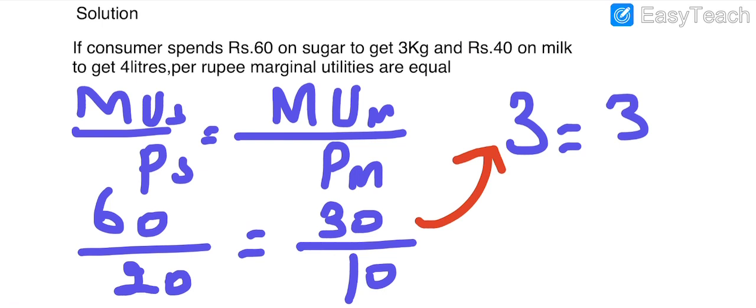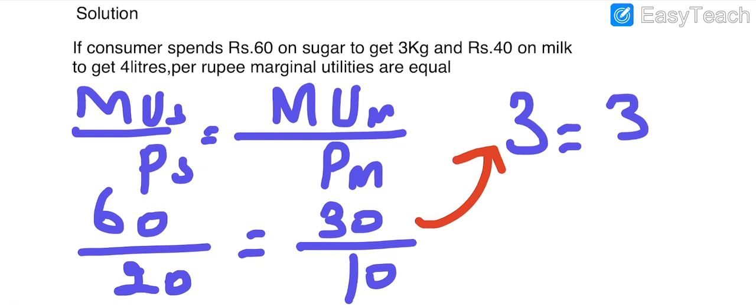You can see here how we measure the total utility of sugar, the total utility of milk, and the total utility. The total utility of sugar depends on how many units we purchase. As we see, 3 kg of sugar means we spend 60 rupees on sugar, so the utility will be 100 plus 80 plus 60, which is 240.